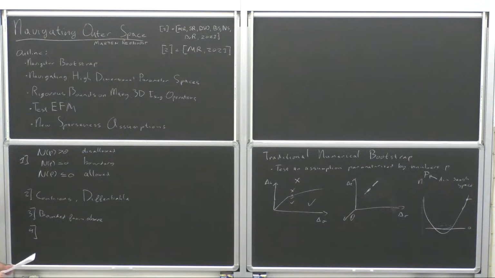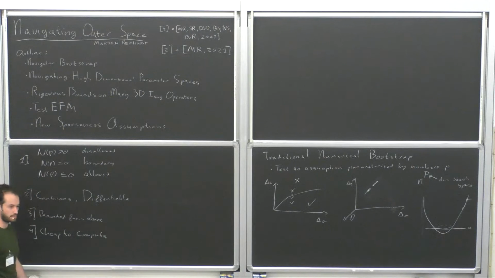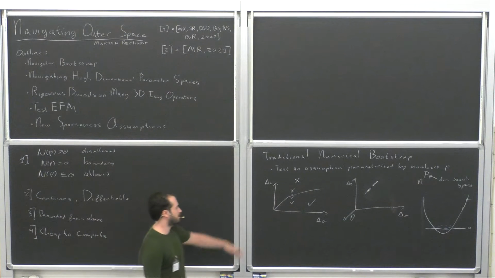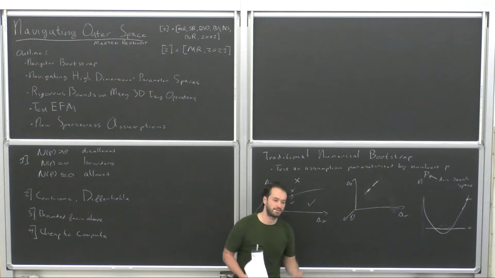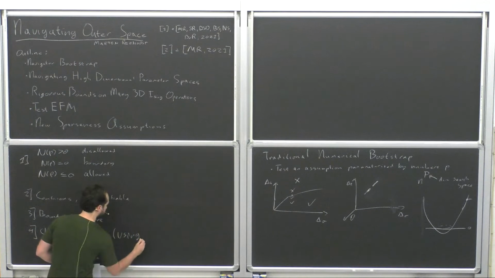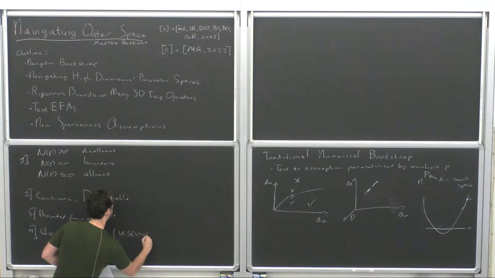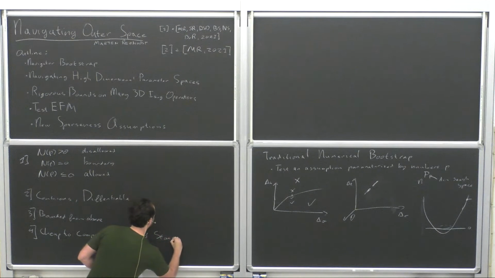And then ideally it would be cheap to compute. If it costs orders of magnitude more to get this information of a direction than to get this allowed, disallowed, it might not be worth it. And ideally it is cheap to compute using the standard technology that is used in the field.